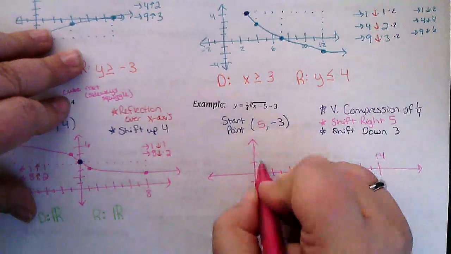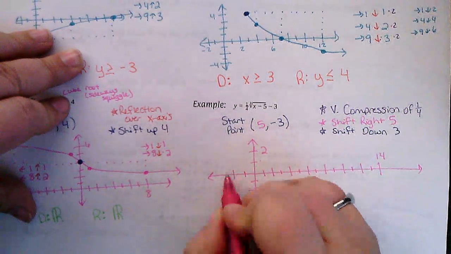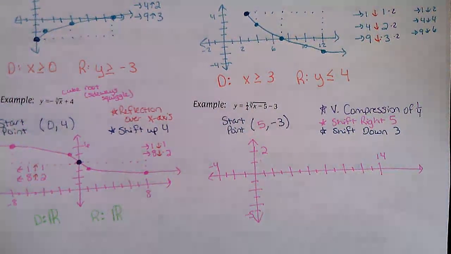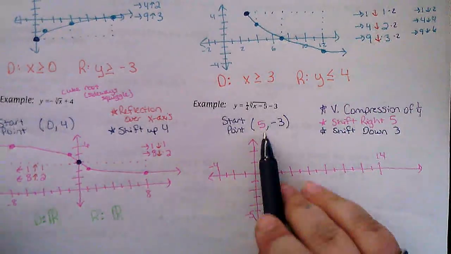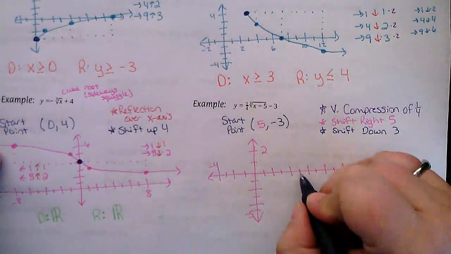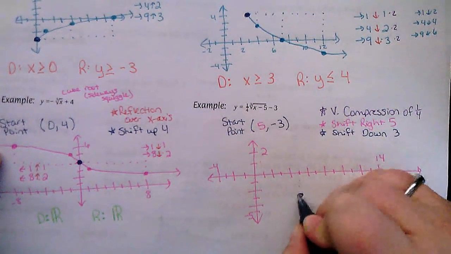Go down 5, up 2, and left 4. Okay, so let's draw in that graph. So if my start point is at 5, -3, from 0, 0, 1, 2, 3, 4, 5, down 1, 2, 3. There we go.